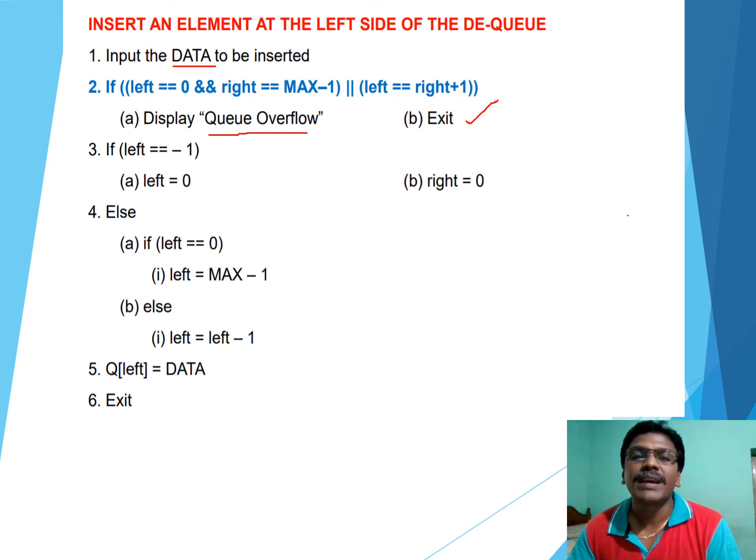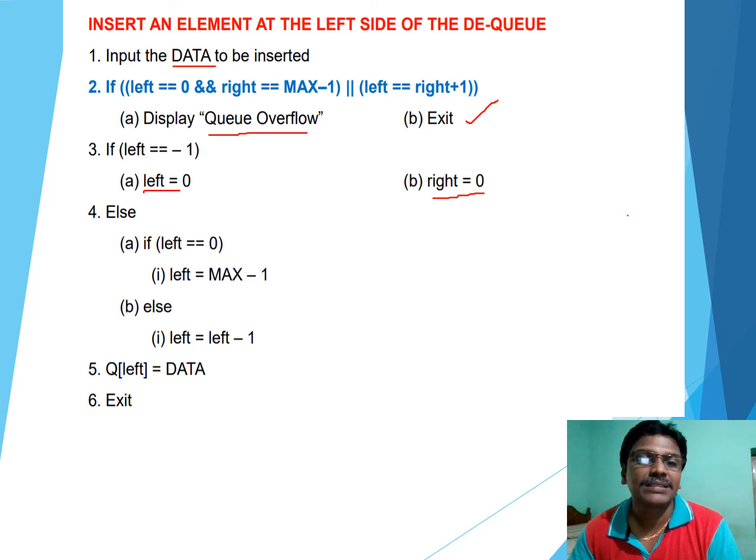Then simply exit. Otherwise, if left equals minus 1, it means it is the first value of the queue. So simply assign left equals 0 and right equals 0, because with a single element both left and right are at the 0th position.